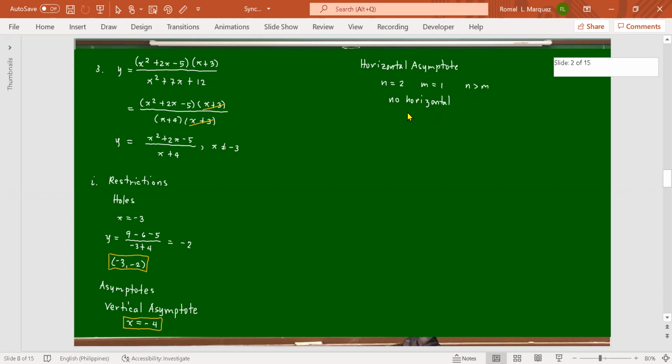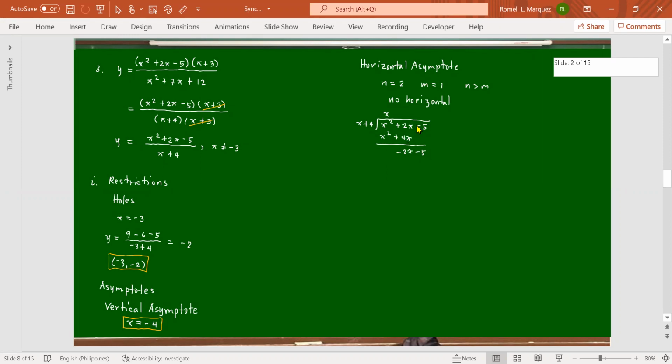Ano meron? Tingnan natin, divide natin. Paano ba mag-divide sa simplified? X squared plus 2x minus 5 divided by x plus 4. We get x squared plus 4x. So 2x minus 4x is negative 2x.